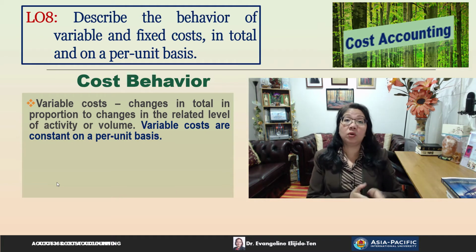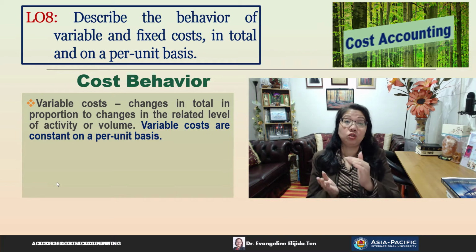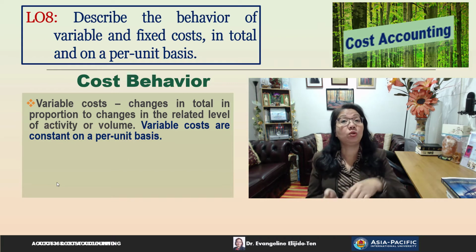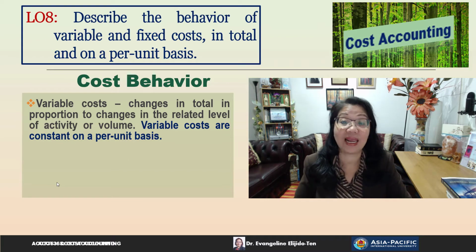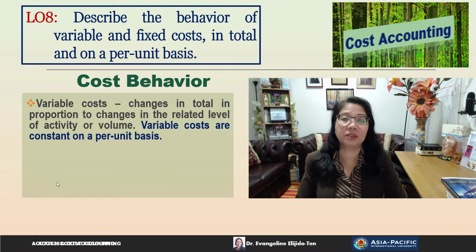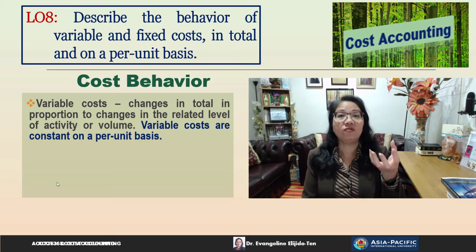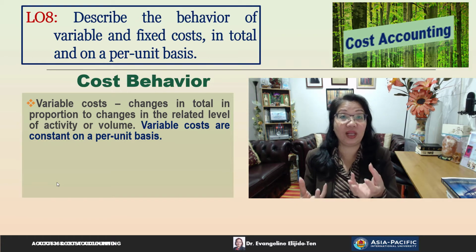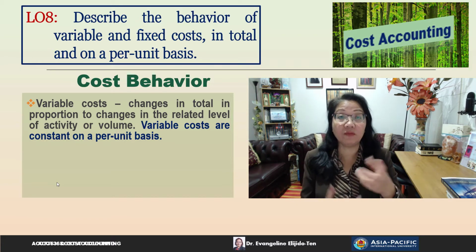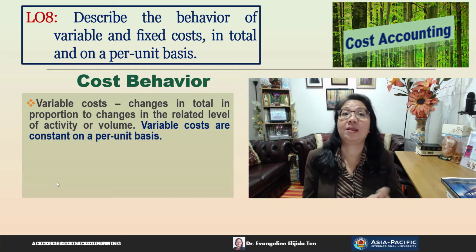Variable costs are those costs that change in total proportionate to the changes in the related level of activity or volume. If, for example, it costs us $10 of direct materials per unit, if we produce 1 unit of this product, we will spend $10 of direct material cost.